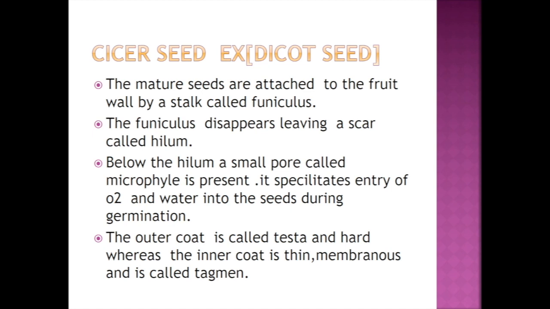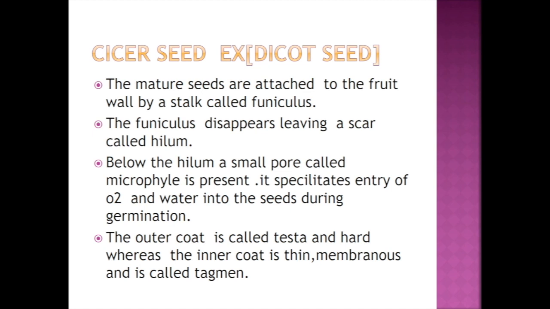Next. Structure of a dicot seed. Your book page number 22. The mature seeds are attached to the fruit wall by a stalk called the funicle. Then the funicle disappears, leaving a scar called the hilum, and below the hilum a small pore called the micropyle.